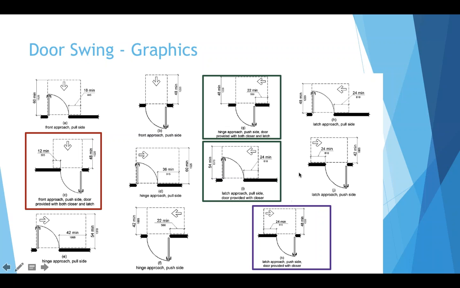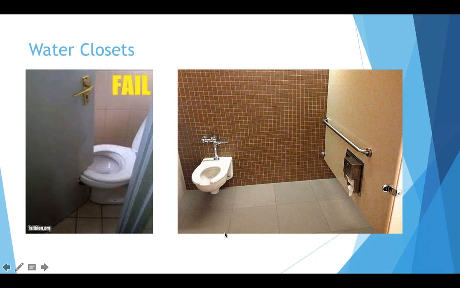So check your orientation, what makes the most sense for the person approaching the door. Do they have the room to get turned around and be facing the door straight on? Typically they do, and that's how you can determine which approach you need. And they vary. One of the rare ones is from the hinge approach on the push side. The clear space is not at the strike, but it's actually at the hinge side. But you can see almost all these others, it's always on the strike side of the door.